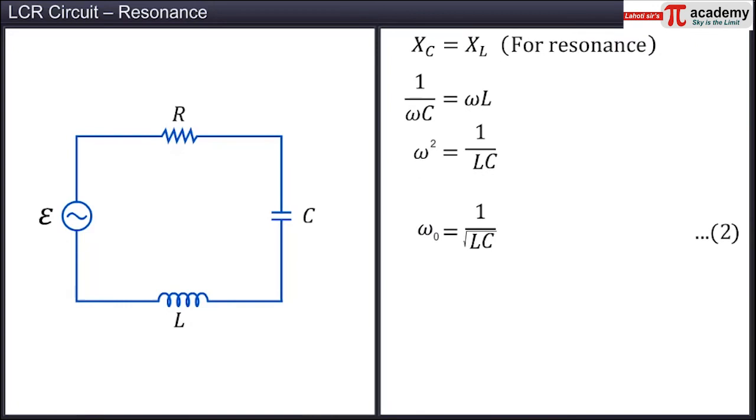We observe that as omega is varied, the value of current changes and is maximum when the value of omega is equal to omega naught, such that Xc is equal to XL, as the impedance Z of the circuit is minimized and becomes equal to R. This is the condition for resonance.